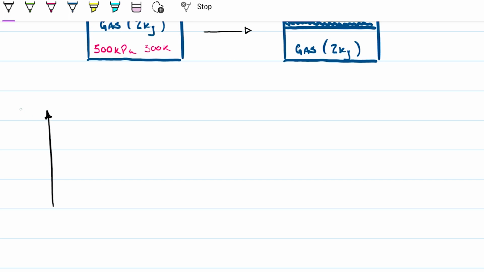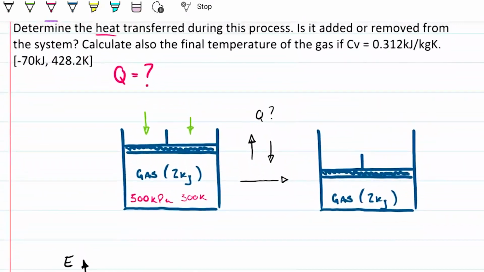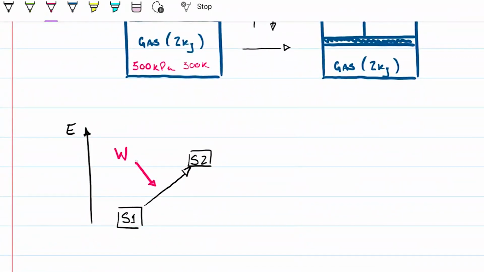I'm going to draw the internal energy on this y-axis, or just leave it as energy to simplify things. State 1 is down here, and we are increasing our internal energy up to state 2, so we're going upwards in the energy scale. We're also putting some work into the system, and we know exactly how much: 150 kilojoules.